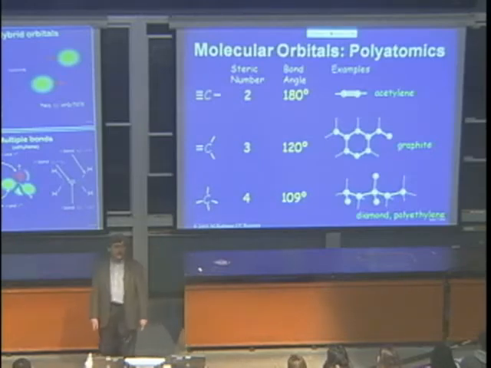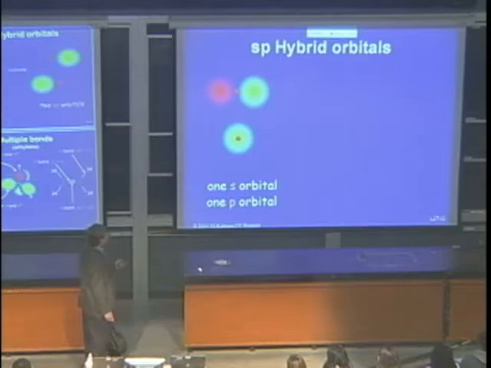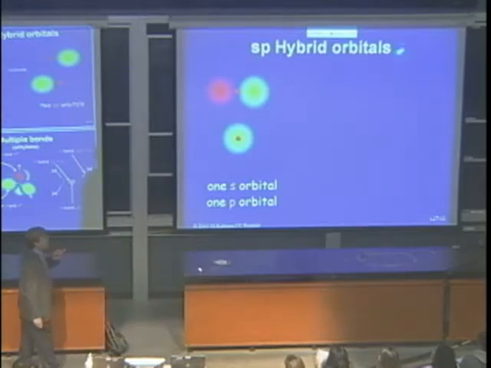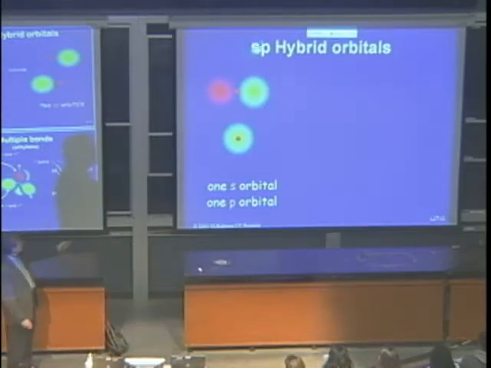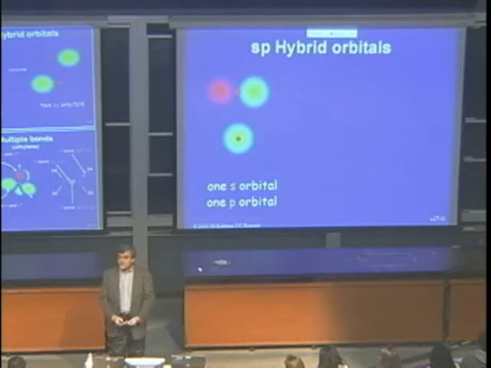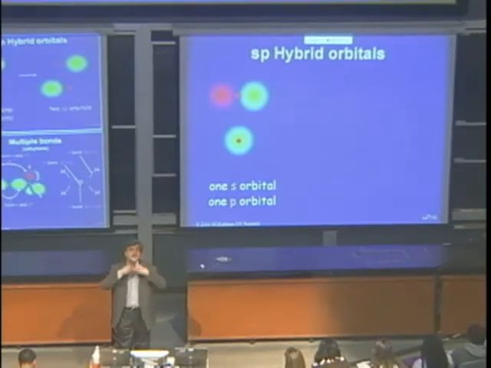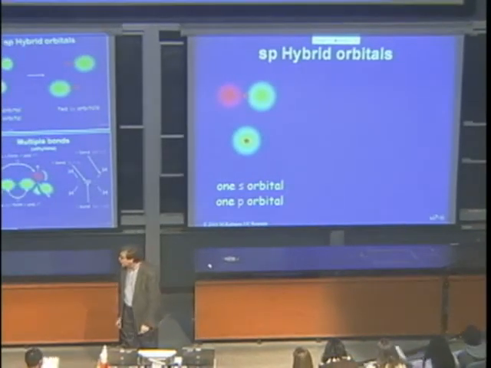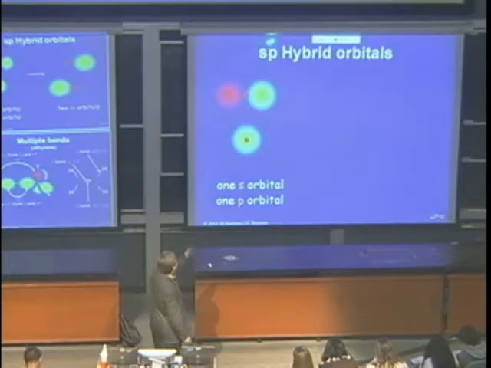Quantum mechanically, it's possible. And with this, for example, we make an sp hybrid orbital. That s shows you there's one s orbital and one p orbital. And so we don't do any bonding. We just look at that atom and get the orbitals ready for bonding by doing an sp hybridization.